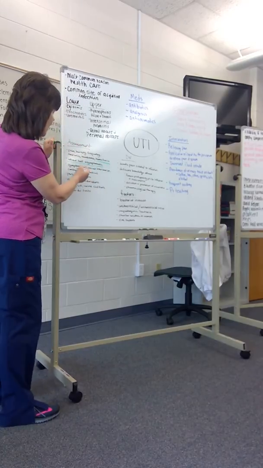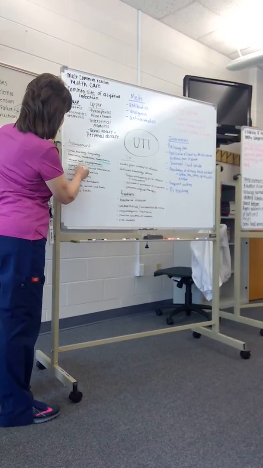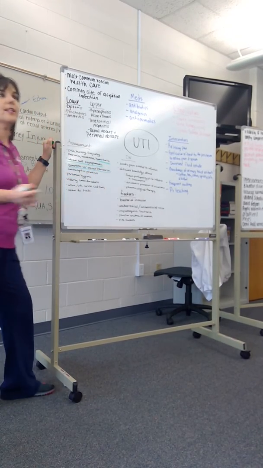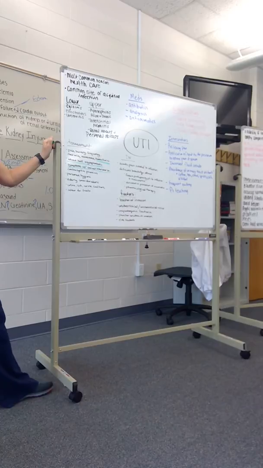So symptoms can happen with sexual intercourse. So what intervention can we tell? You see young people come in after, we call it honeymoon cystitis, because right after they get married, they come in to the ER or to the clinic, and they're like, got a urinary tract infection.